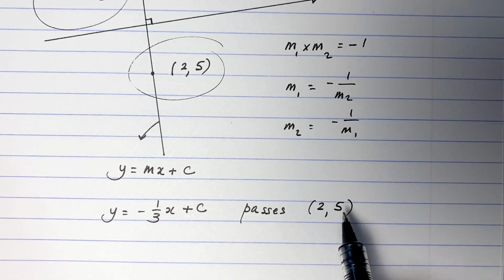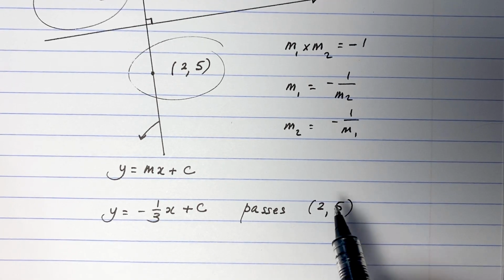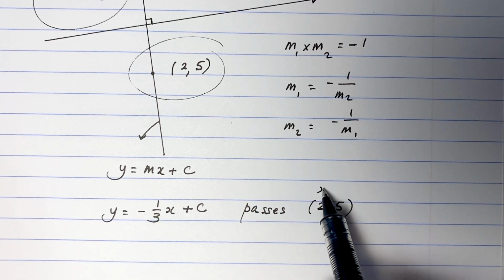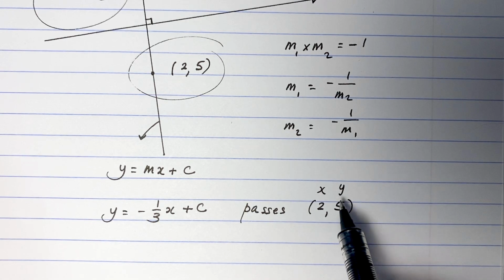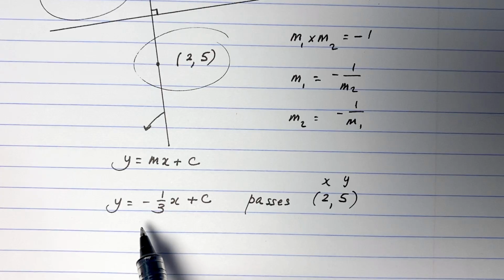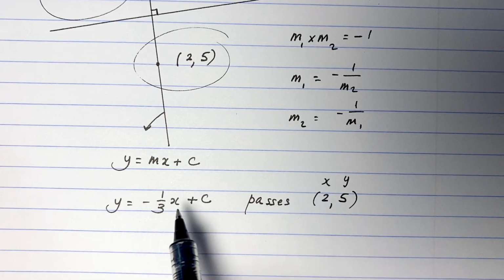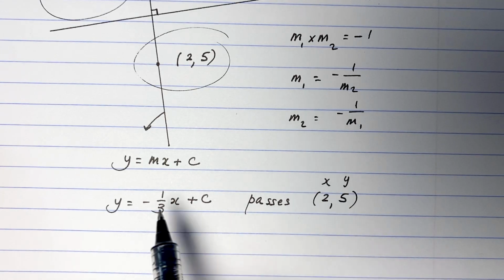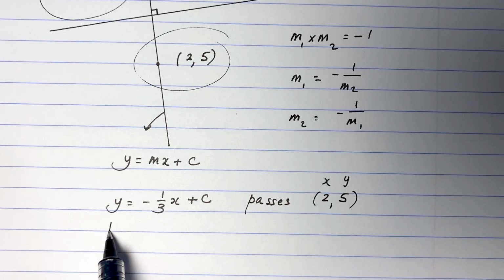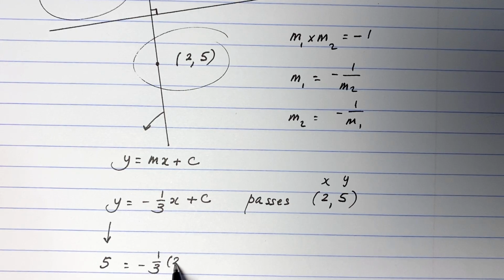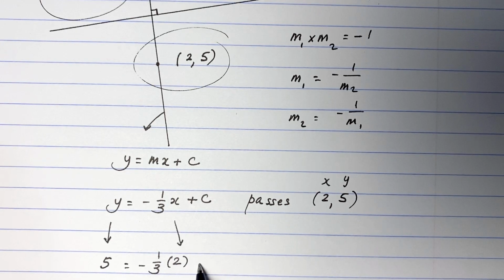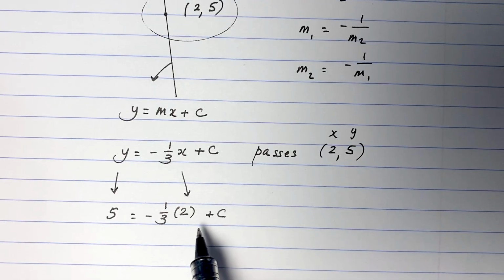Since the point with the coordinates (2, 5) belongs to the line, its x and y coordinates must satisfy the equation of the line. So I'm replacing the x with 2 and y with 5 in the equation of the line. So 5 equals minus 1/3 of 2 plus c. This equation enables me to find the value of c.